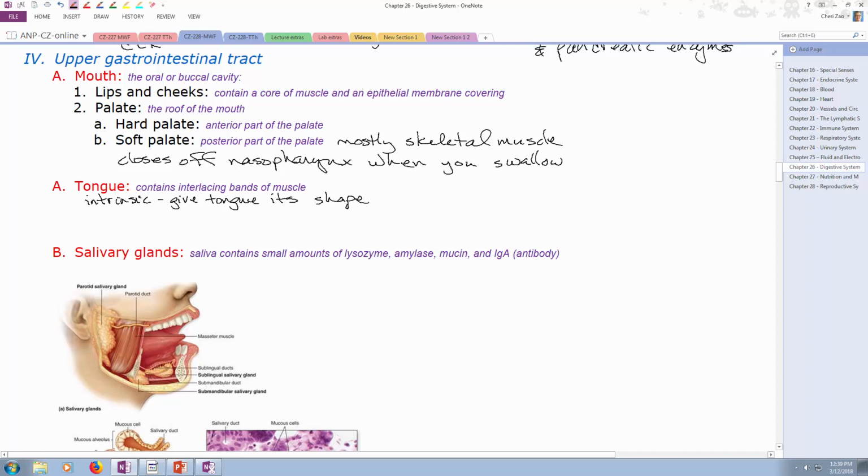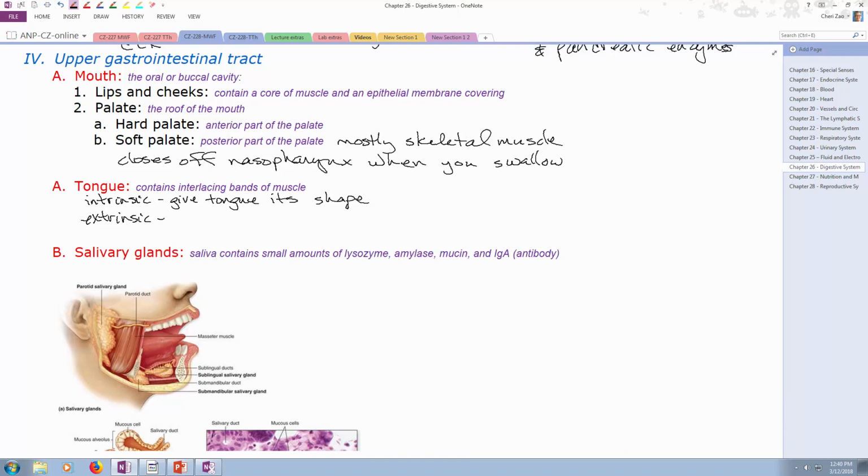But there are also extrinsic muscles. And that allows you to not only just curl your tongue, but curl your tongue and stick it out. So the extrinsic muscles actually help move your tongue around. You guys follow that? So the movement of the tongue is actually dependent upon your extrinsic muscles.